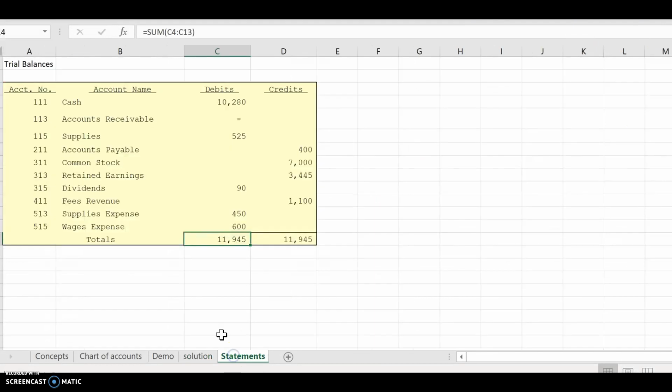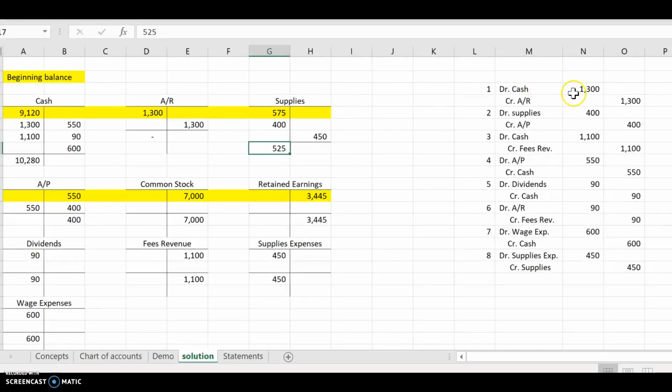Finally, we have something called the trial balance to help us detect whether we have done something incorrectly. For example, if I have a cash 1300, when I'm posting it, I post 1200 to it, and then I credit another 1300, and my debit no longer equals my credit.